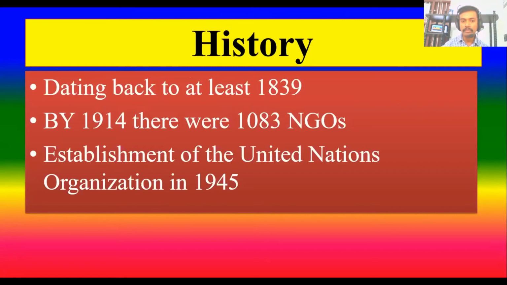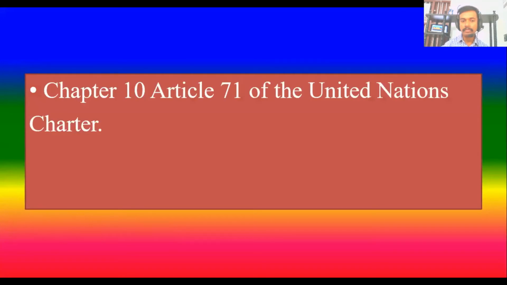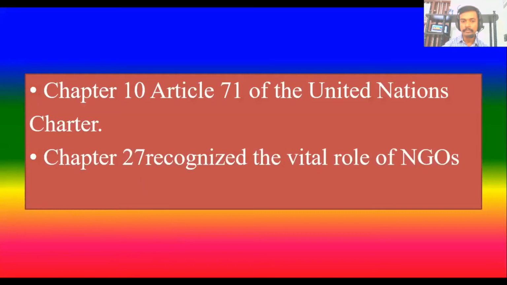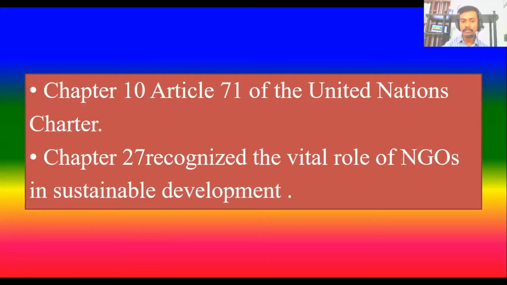Establishment of the United Nations Organization in 1945. Chapter 10, Article 71 of the United Nations Charter. Chapter 27 recognizes the vital role of NGOs in sustainable development.